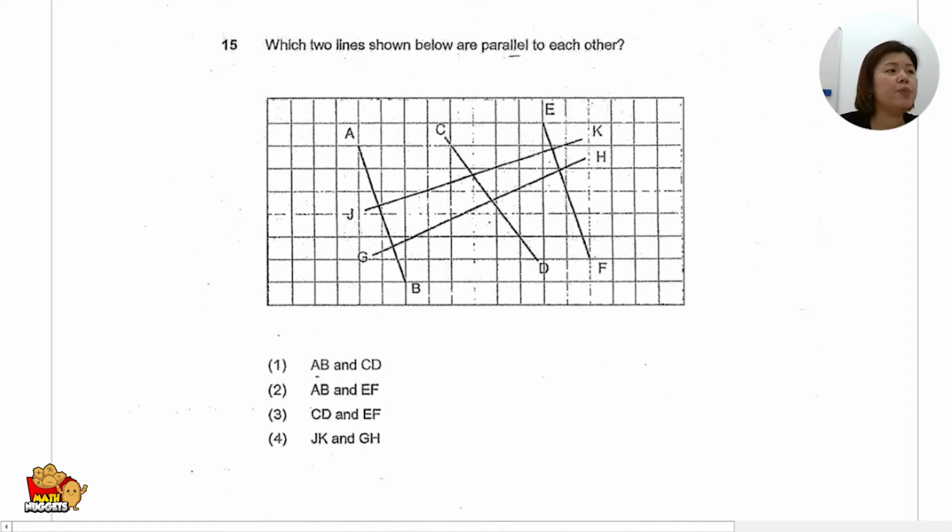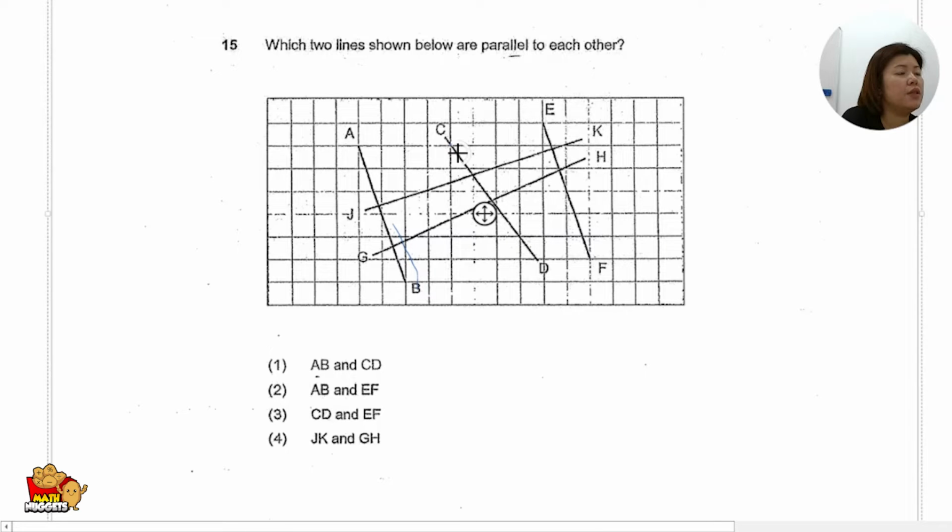Okay, next. Which one shows parallel to each other? Parallel means the 2 lines will never meet. So let's scan through. It's AB and CD. No, because if you extend the line, let me show you.